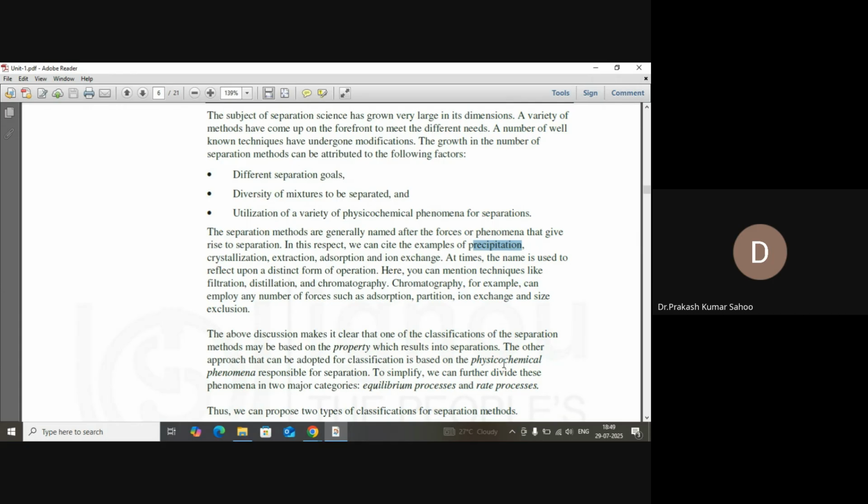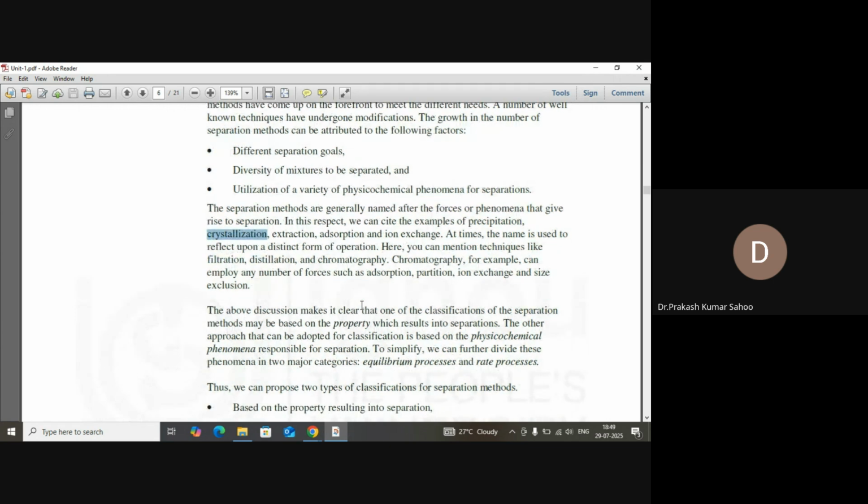So in this way, we can separate silver from a silver nitrate solution by using hydrochloric acid. The second is the crystallization technique, like in a sugar solution: if I wish to separate the sugar, I just put it under heat and crystallization will develop.